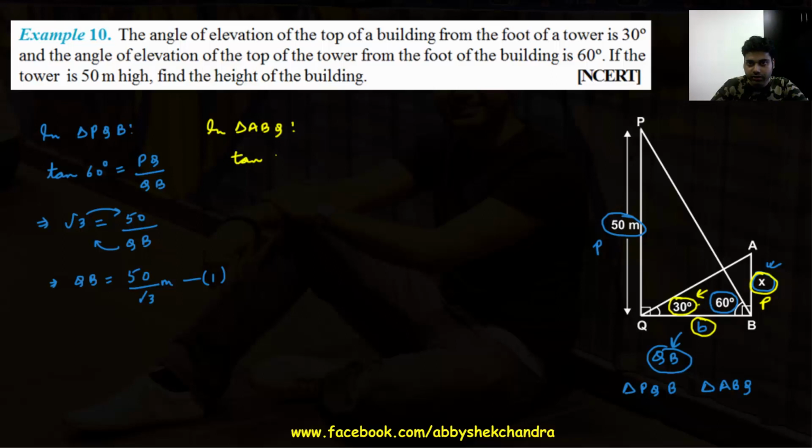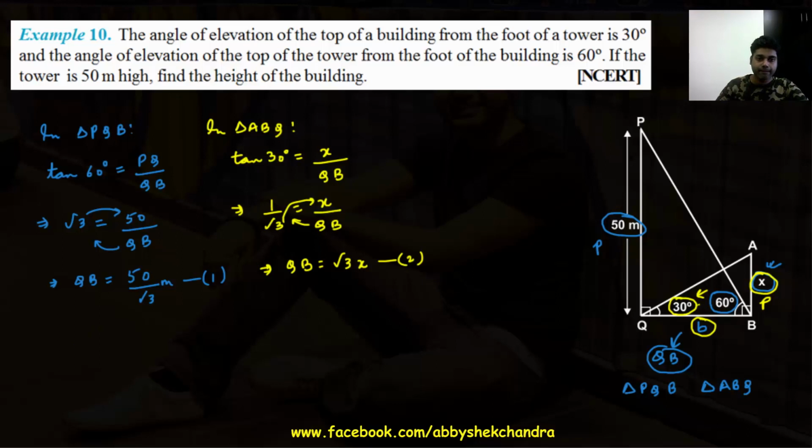Theta here is 30 degrees, so tan 30 degrees equal to X divided by QB. Or 1 by root 3 equal to X by QB, or take QB to the other side, root 3 to the RHS, we get QB as root 3 times X.